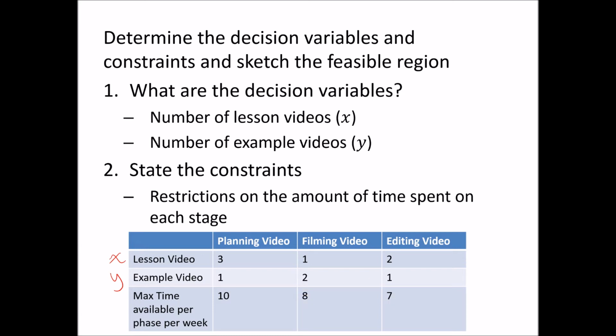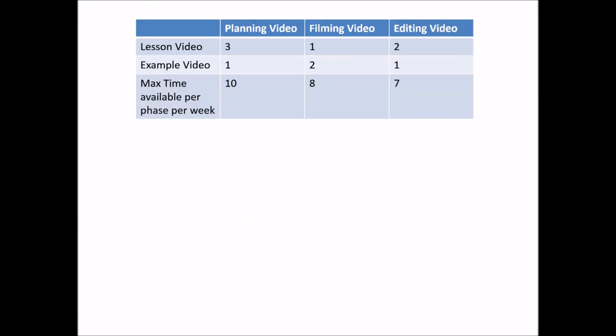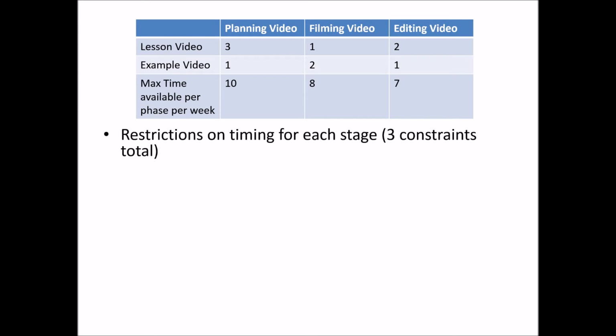So I should have a restriction or a constraint for 1, 2, 3 stages of making the video. So let's work our way through this. Restrictions on timing for each stage, 3 constraints total.